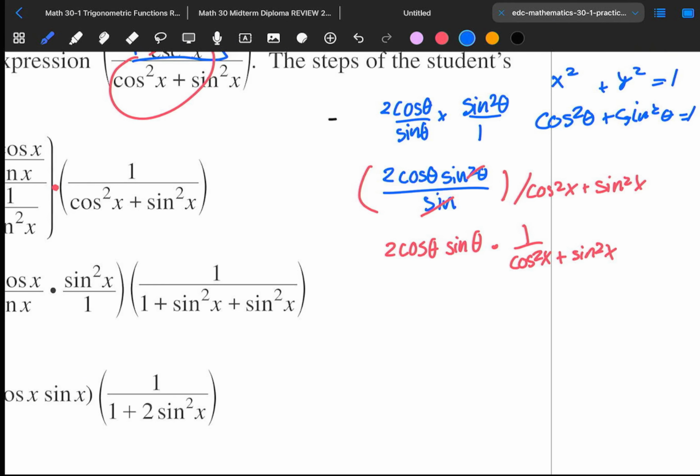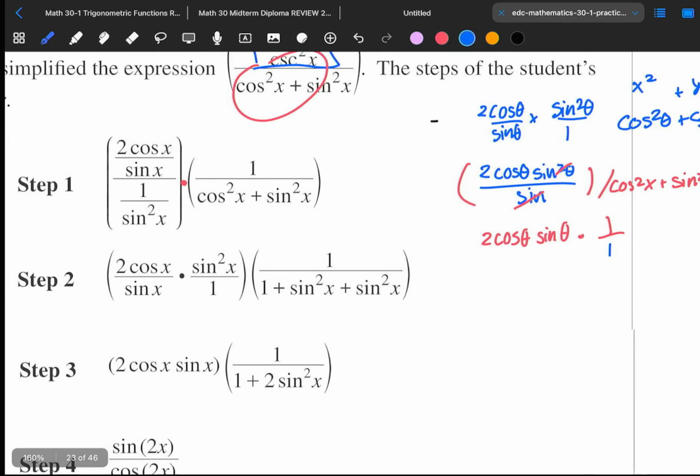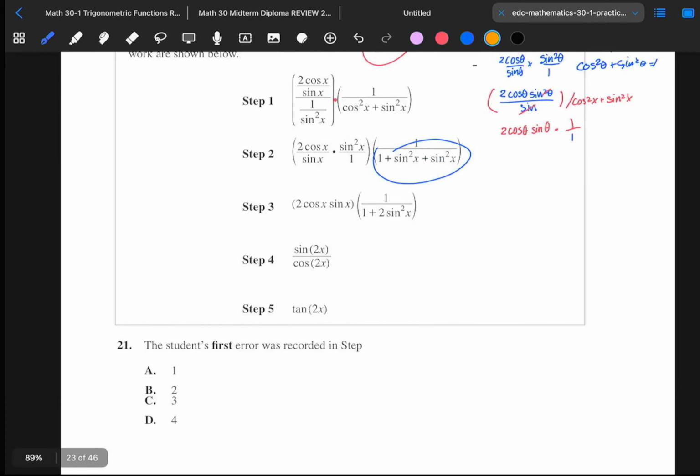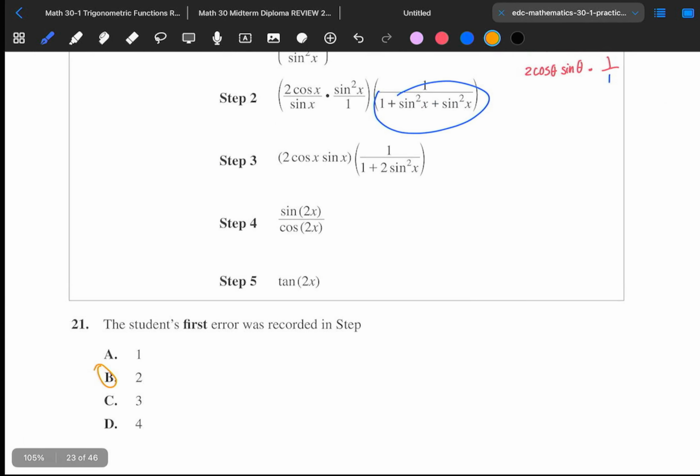This is the Pythagorean identity, right? So this fraction becomes 1 over 1. What they did is they expanded it, and I'm not sure how they expanded it into this when it should be equivalent to 1. So therefore, our first mistake is going to be located on step 2.